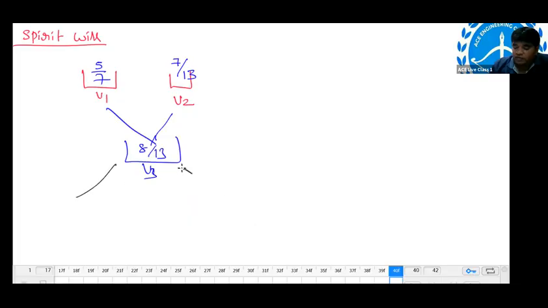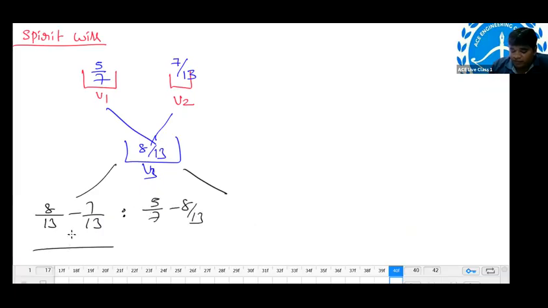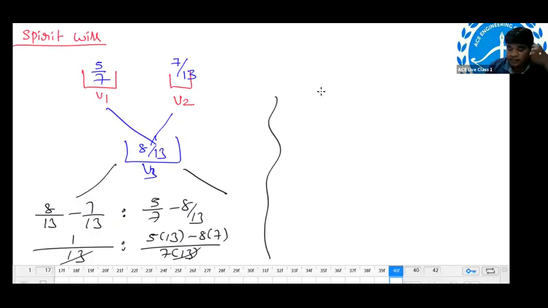Apply the alligation rule. 8/13 minus 7/13, and 5/7 minus 8/13. LCM, 1/13. So here 5 into 13 minus 8 into 7 upon 7 into 13. 13 and 13 cancel. LCM 7 is to what? 1 is to 65 minus 56.